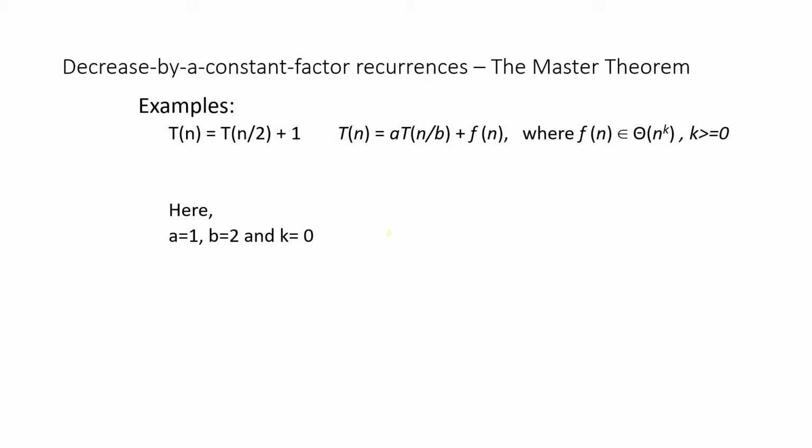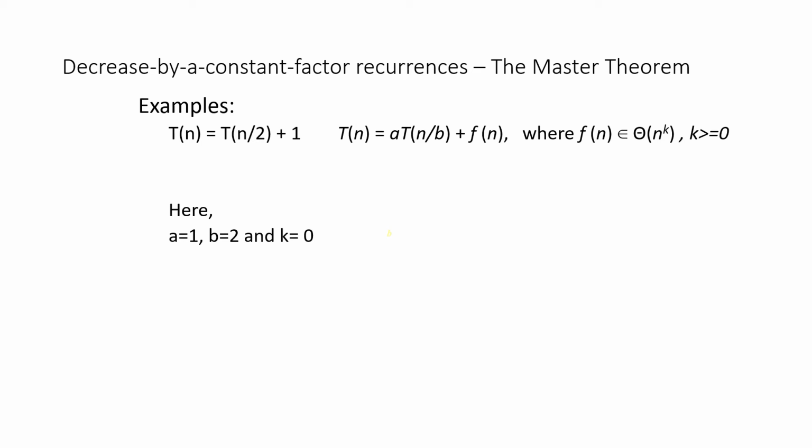Then we have plus f of n, where f of n is a function that is made up of n. We know that n power 0 is 1. So when I write 1 as n power 0, I get the value 1.